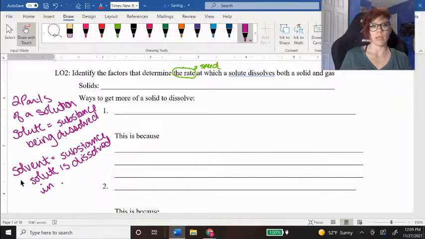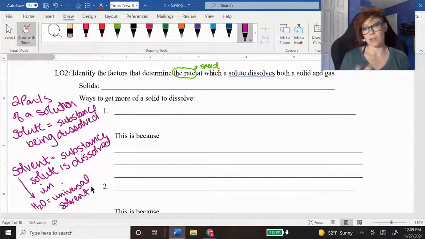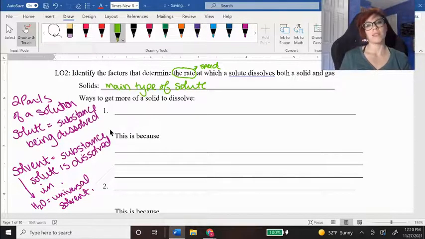So most of the time your solvent is water. The only time that it's not water is if the substance doesn't dissolve in water. If it doesn't dissolve, then we would think about a different solvent. So solids would be considered the main type of solute that we would have.